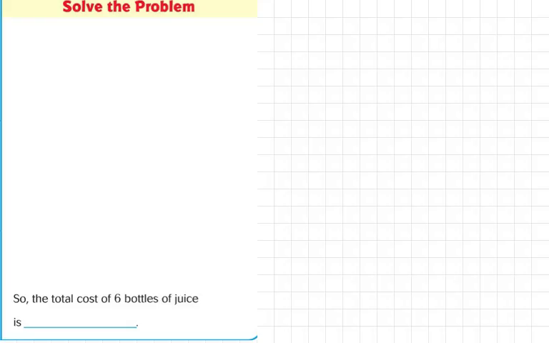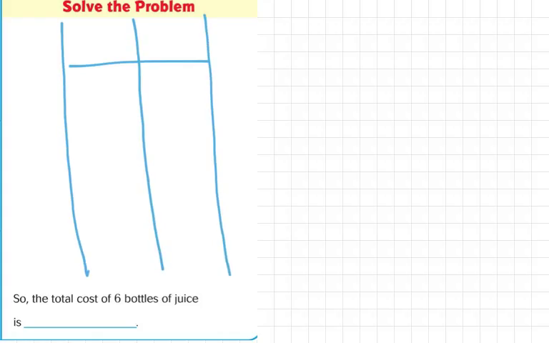So boys and girls, we're going to solve the problem and we're going to create our table. We're going to make sure that we label the table as we create it. So I'm just going to create a 2-sided table. On one side, we're going to do the bottles of juice. And on the next side, we're going to put the total, and I'm going to put in dollars, okay?